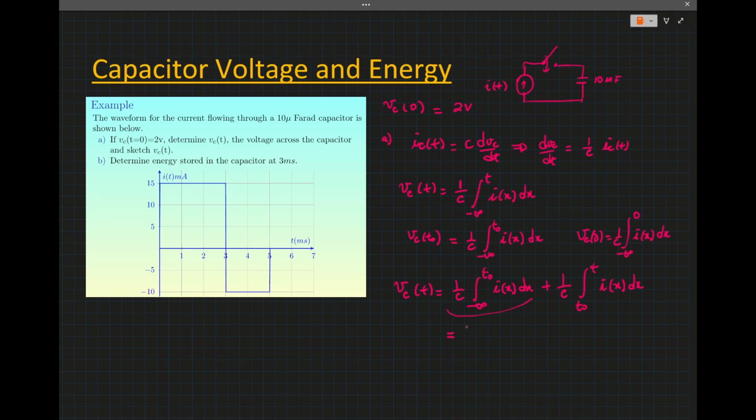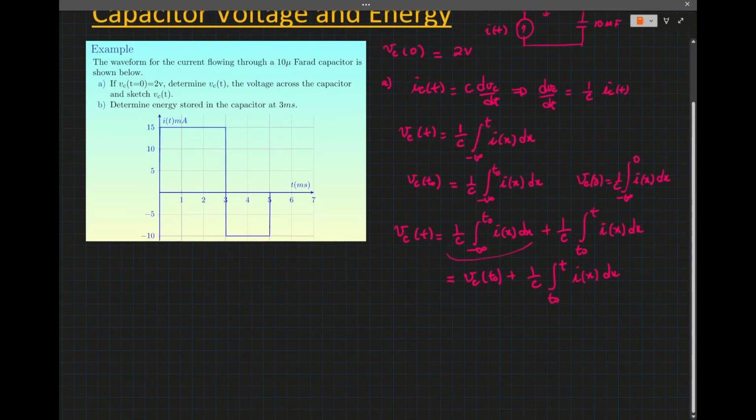So before t equal to t0, that's going to be the voltage, and then we want to find the voltage from t0 to t, the integral of I of x dx. That's the equation that I'm going to use.